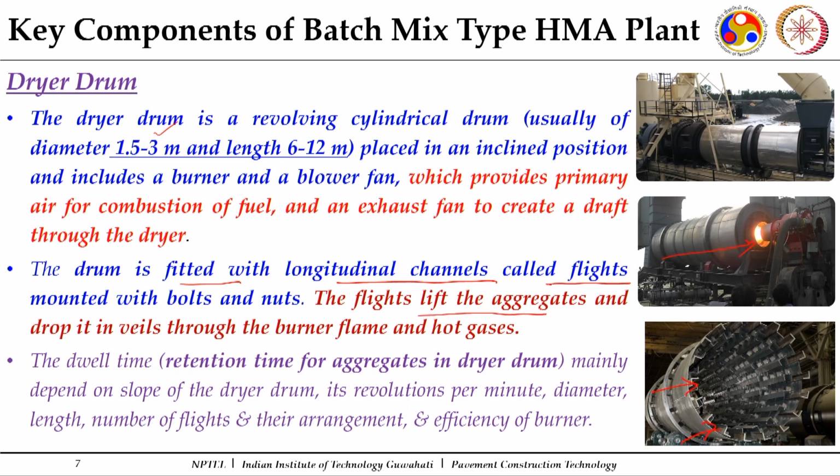They lift the aggregate which comes from the conveyor and drop it down through the burner flame, so that it gets dried and heated. The aggregate moves along the dryer drum, and with the help of these flights it falls through the burner flame, which helps it get dried and heated up to the required temperatures.